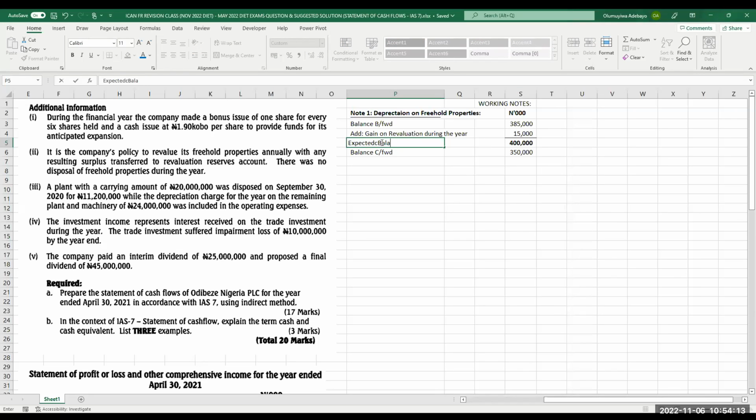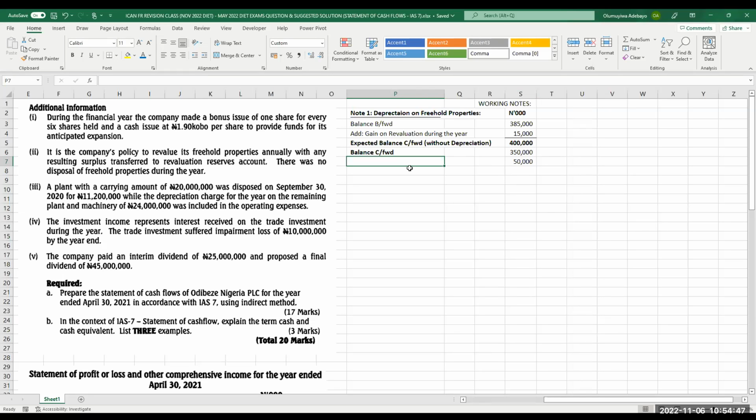This is the expected balance carried forward without depreciation. I actually have 350. Between 400 and 350 gives me 50,000.